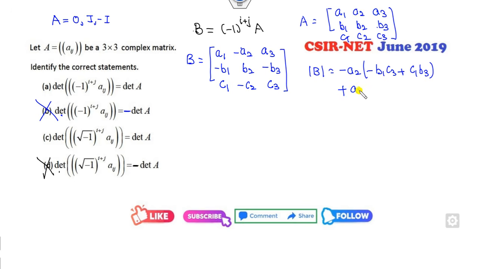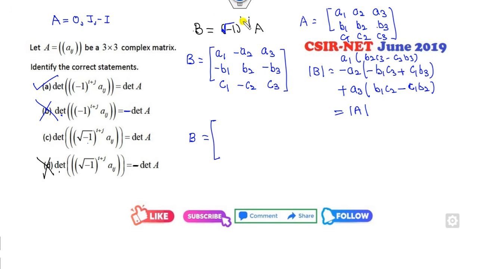Plus the third case is a3 times b1 c2 minus c1 b2. So that means all the terms match, and this is nothing but the determinant of A. So the first option is the correct option. Similarly, if you define B as this number, then what will be my this number?